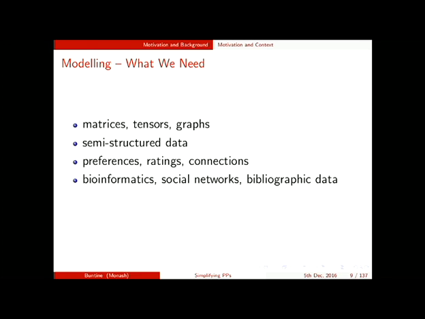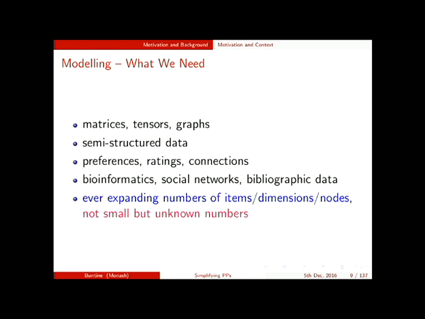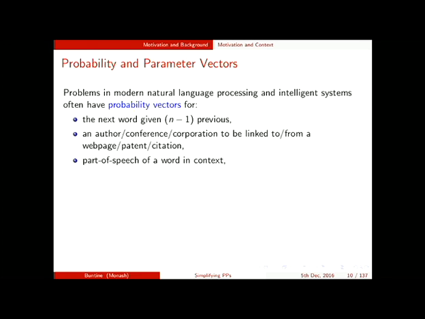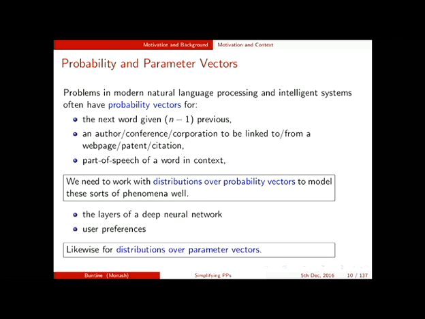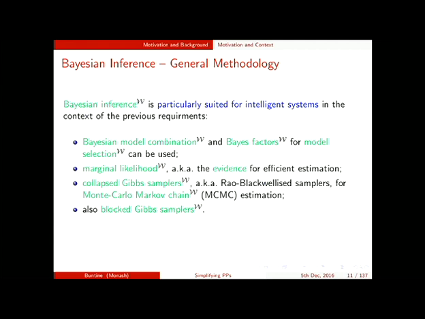But these are the sorts of things people are using this for. Ever expanding number of items. So we need probability vectors to list possibilities. We need parameter vectors. User preferences, people use them for layers of a deep neural network, and those vectors are unending.